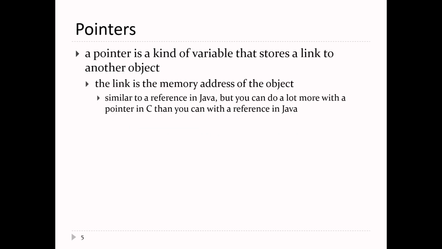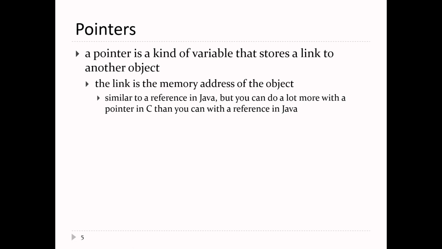And speaking of pointers, this concept is probably the one that people new to C have the most difficulty with. A pointer in C is a kind of variable. In other words, it has some memory and it has a value. It stores a link to another object, and in C, that link is the memory address of the object.